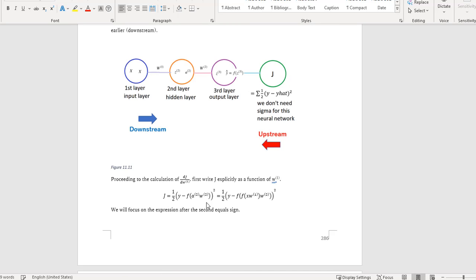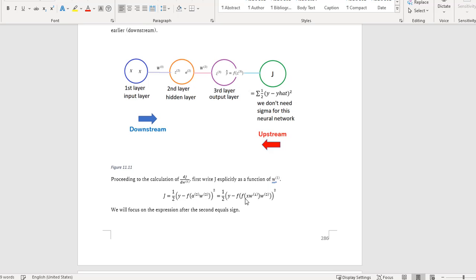So if we're going to do this derivative, last time we wrote J simply as a function of W2. We didn't force ourselves to express a2 in terms of W1. Of course, a2 is a function of W1, but we just left it like this.